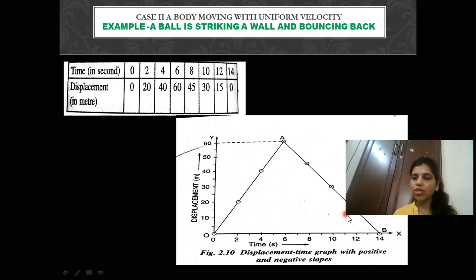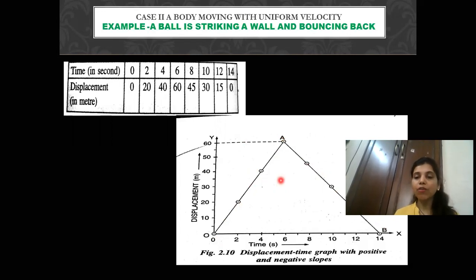When the direction is changing, because this will give you a positive slope, this slope will be negative. So what does the positive slope and negative slope indicate in this particular graph? It indicates that the body is moving in one direction and then it is coming back.